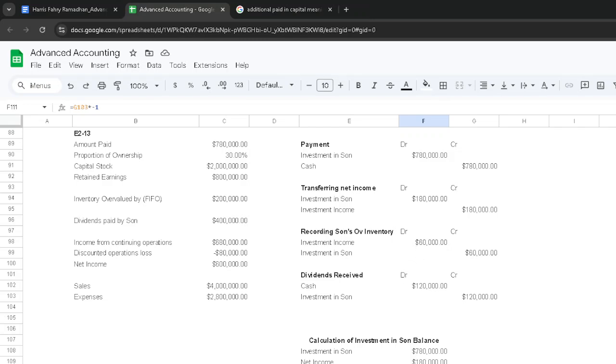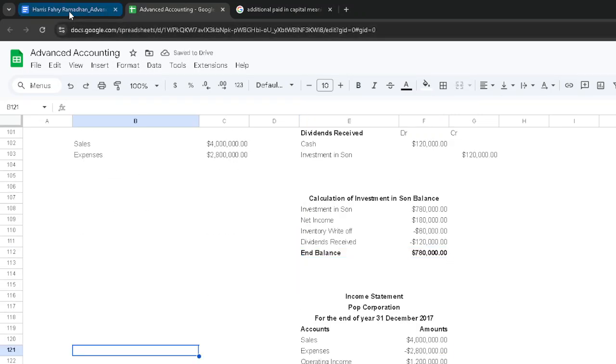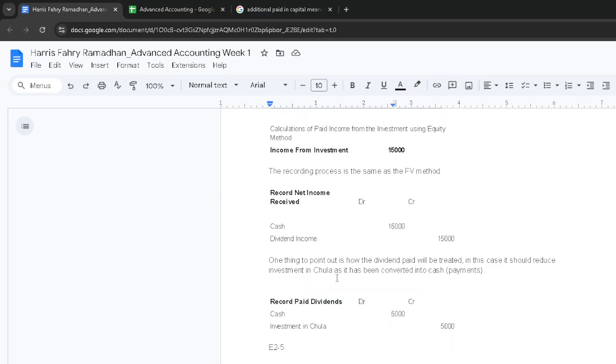And dividends received, we also subtracted because, you may say that if we receive dividends, that means we're getting something. But in this case, we're not getting investments, we're getting cash. We're converting the investment account into cash in the last journal. That's why it's deducted. And so from there, the end balance should be 780. I think this concludes all of my answers.